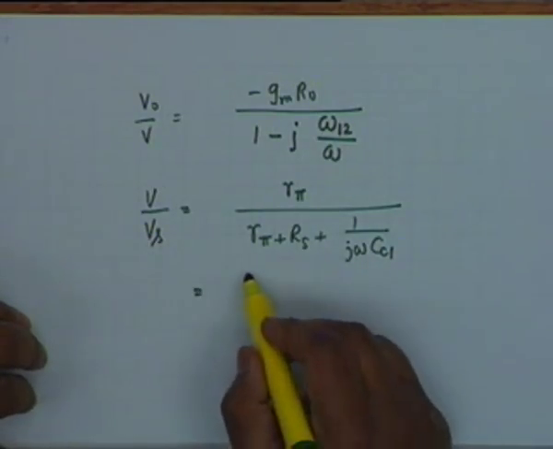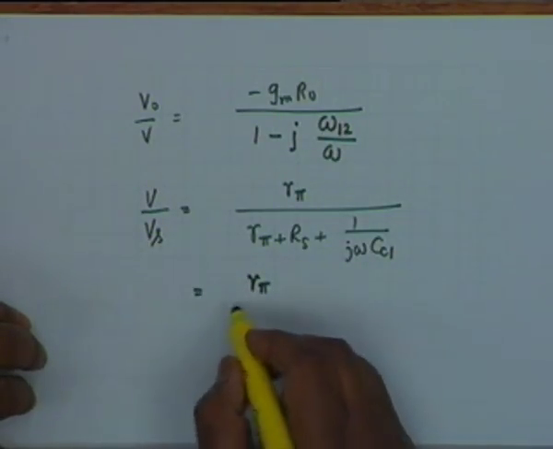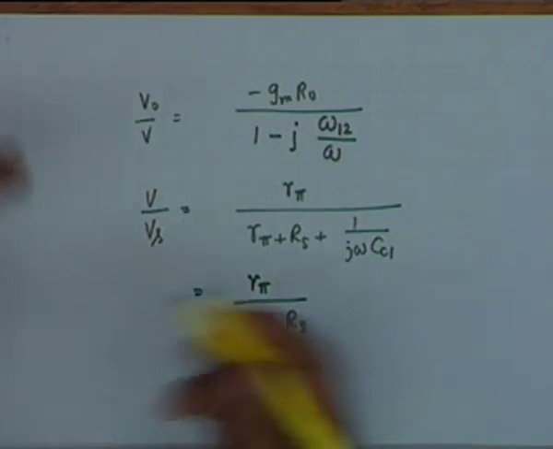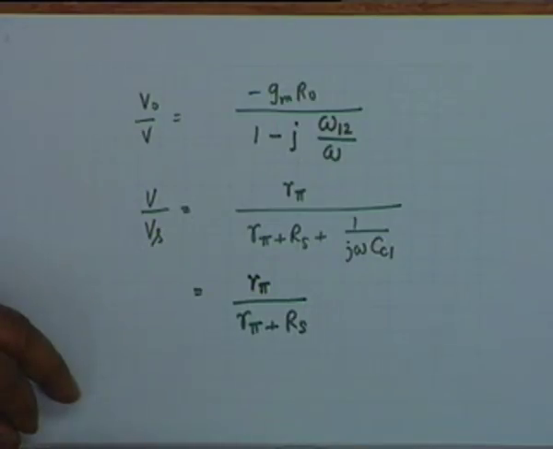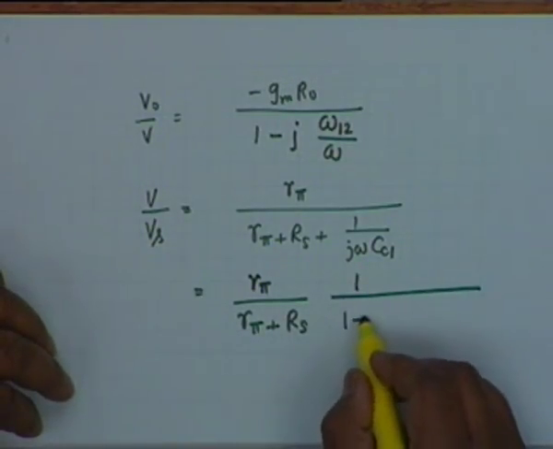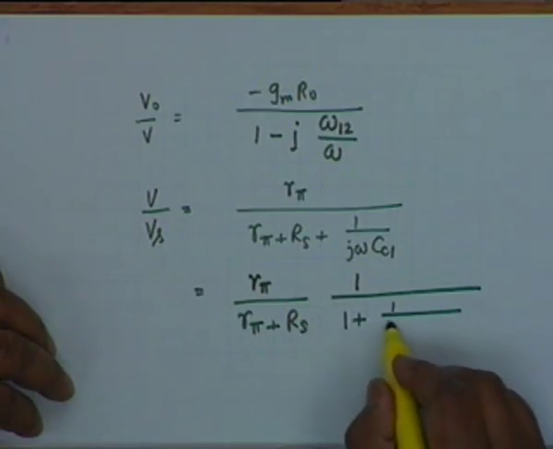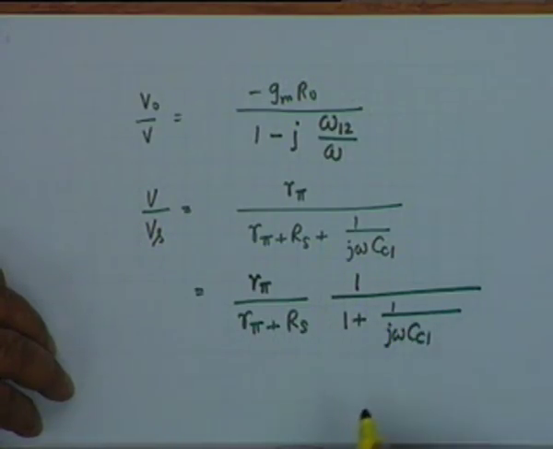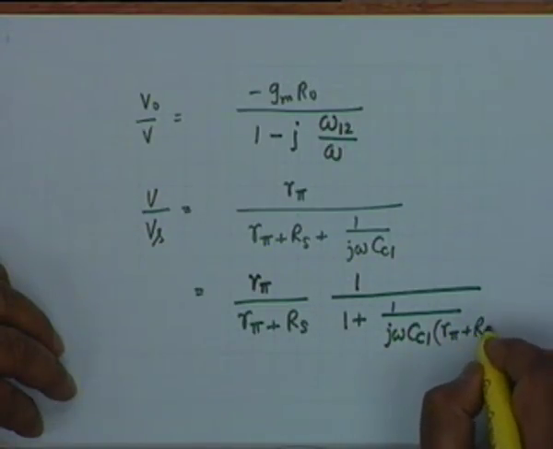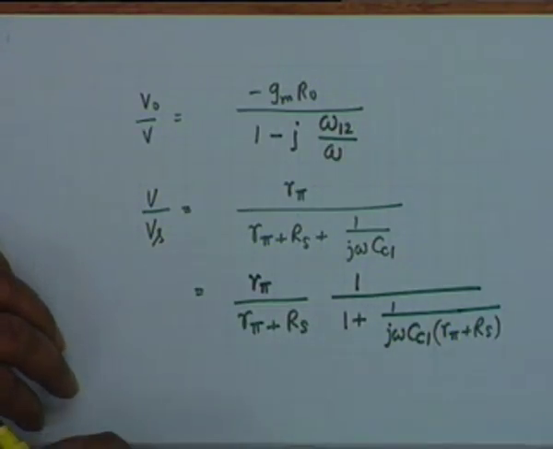This I will now write as R pi divided by R pi plus Rs. I take this out. All right. Then I can write 1 divided by 1 plus 1 over j omega Cc1 times R pi plus Rs. Any objection? Is that true?